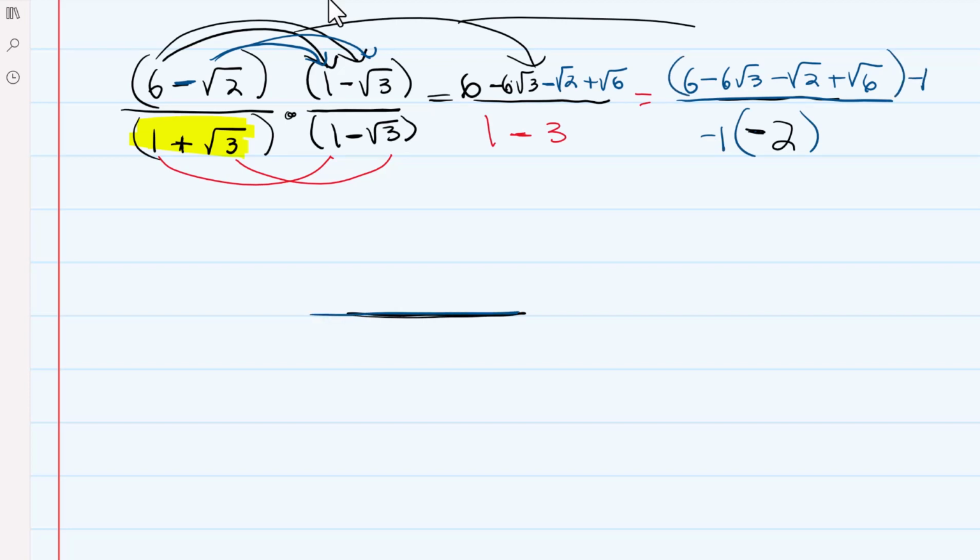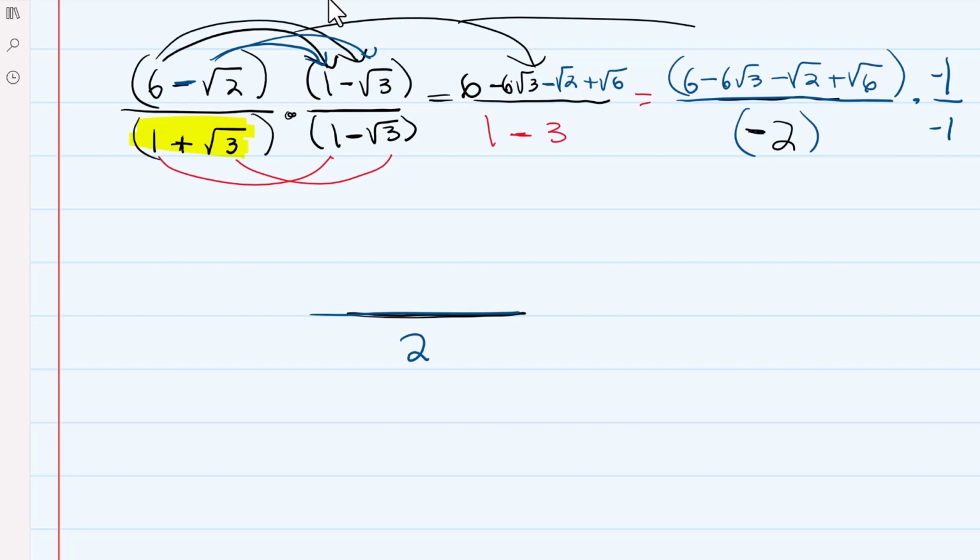So what's going to happen? In the denominator, negative 1 times negative 2 is 2. We're just going to multiply both the numerator and the denominator by negative 1 to keep the denominator in the right form, which is a positive integer.